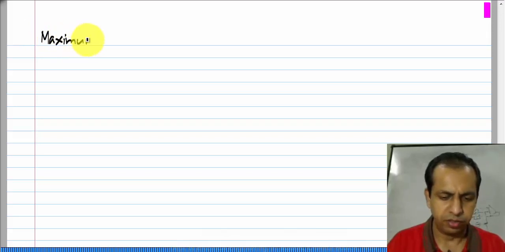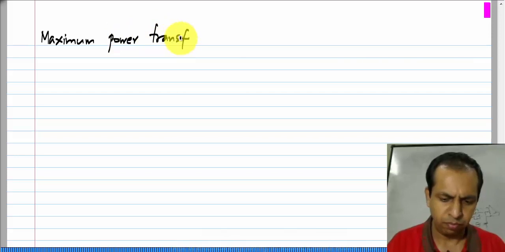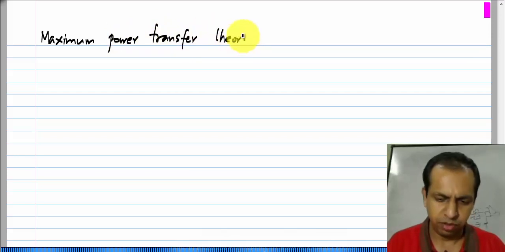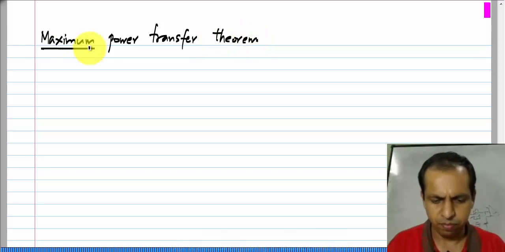So, here is the statement of the maximum power transfer theorem.